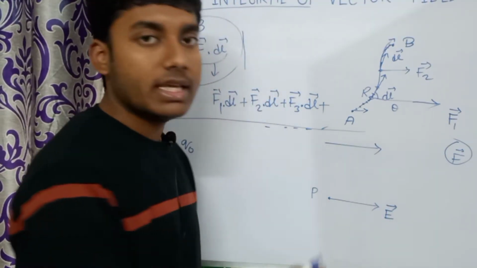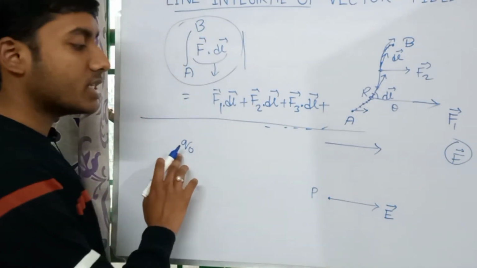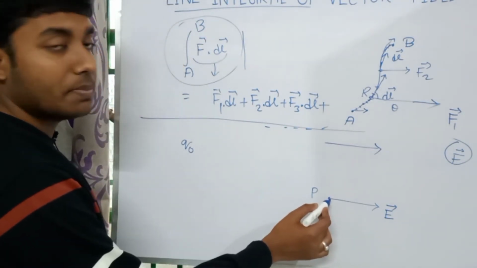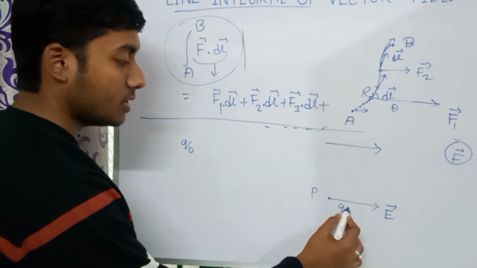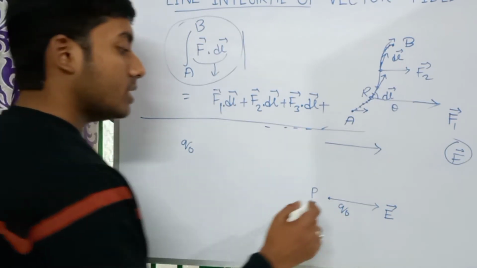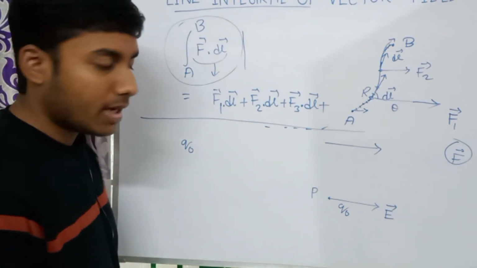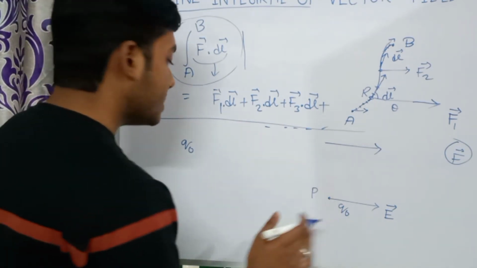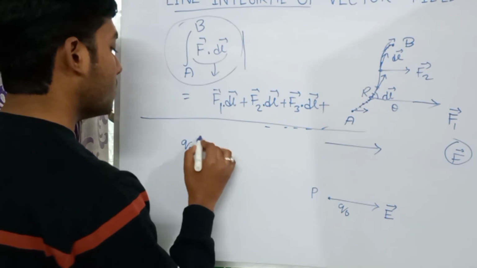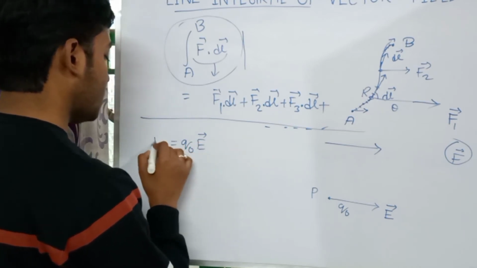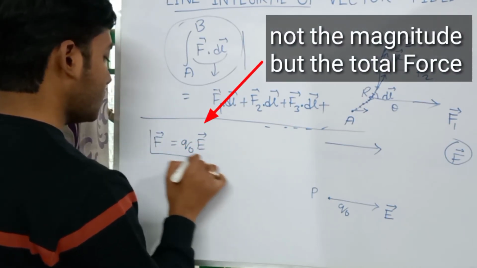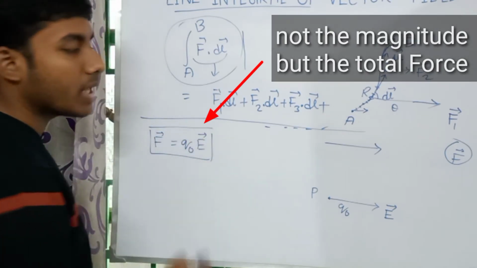This is the vector field E. This charge will definitely experience a force, and the magnitude of the force is q0E. We all know this. So F equals q0E.